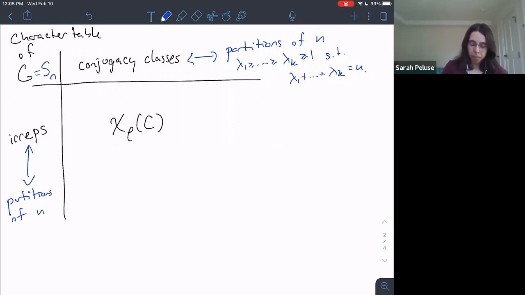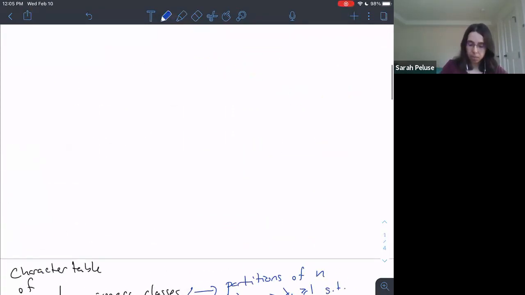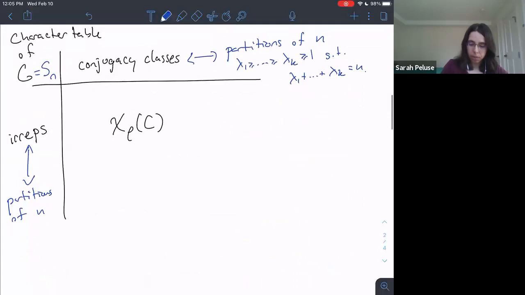And so we'll denote the character of the representation corresponding to a partition lambda, evaluated at the conjugacy class corresponding to a partition mu, by chi sup lambda sub mu for the remainder of this talk.